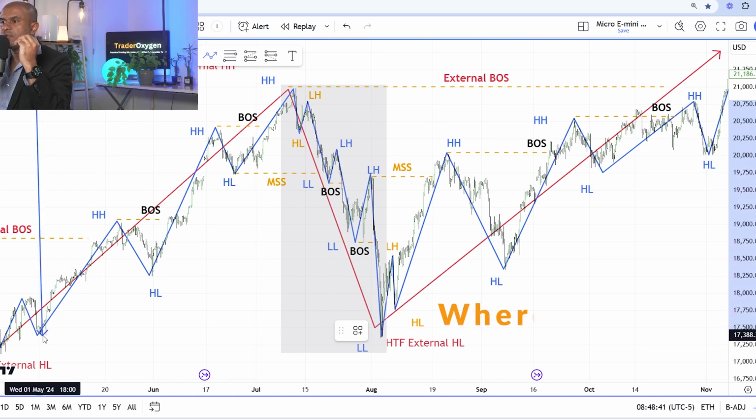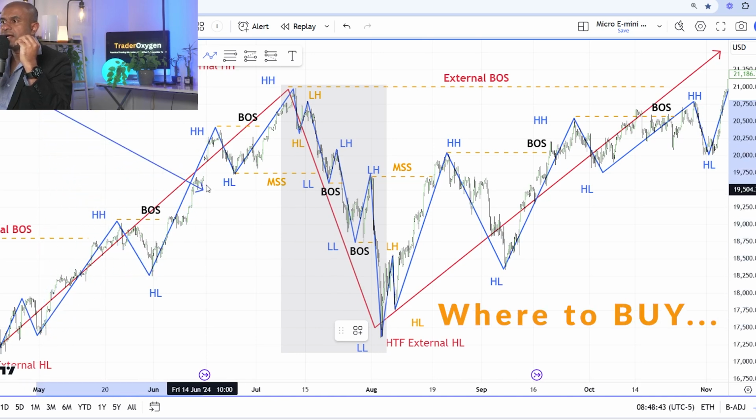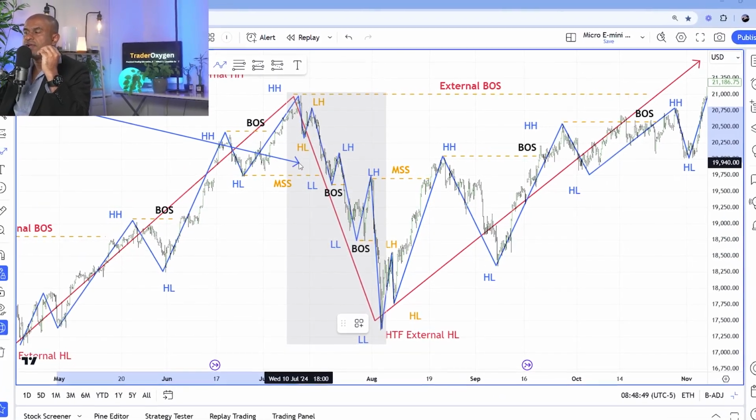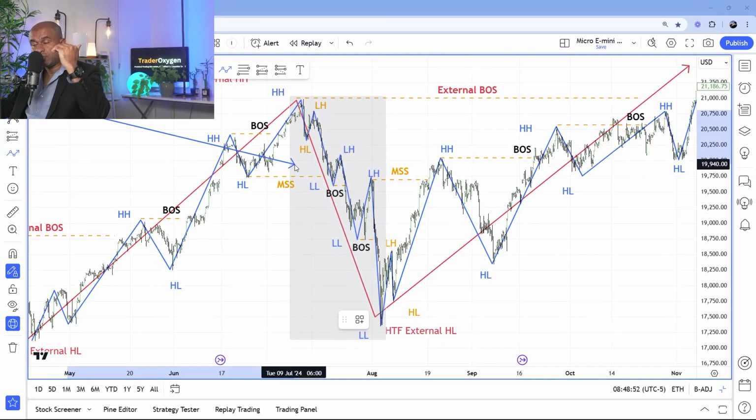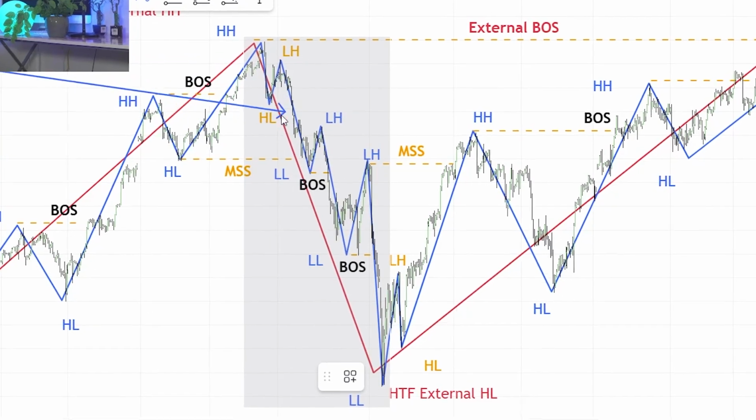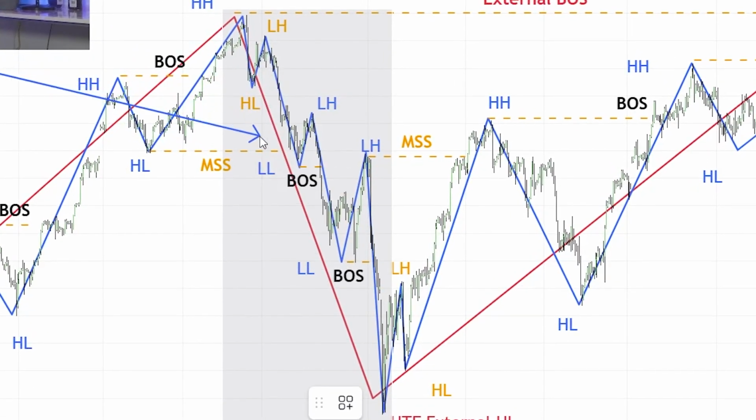So you can buy in these pullback locations, and then when you see the 4 hour make a market structure shift, you get to know, okay, now the 4 hour trend has changed downwards, which means most probably the daily pullback has started.